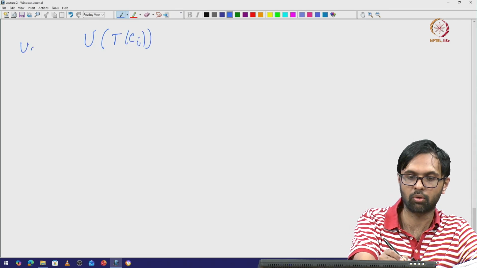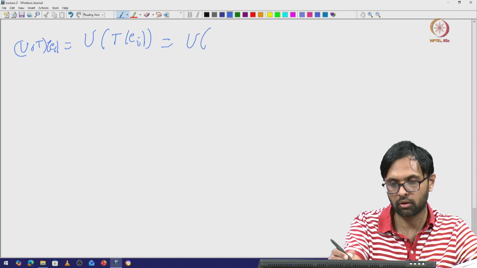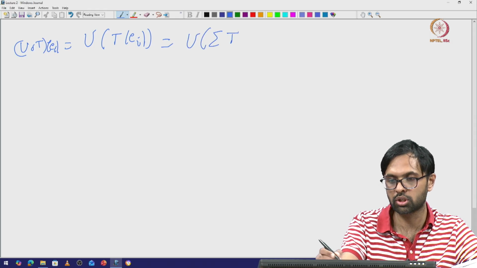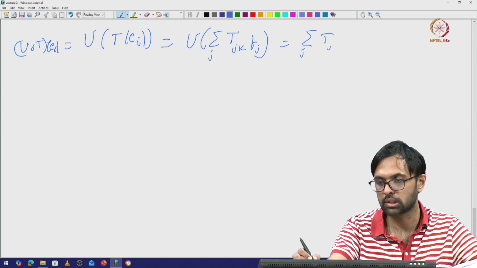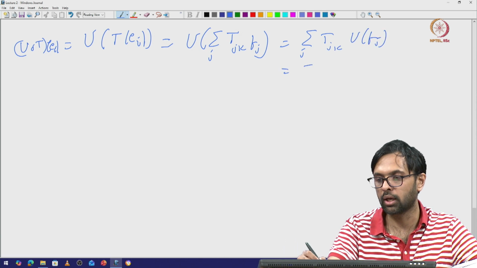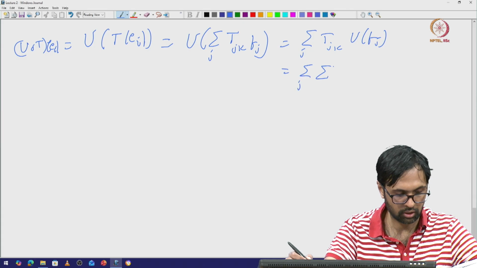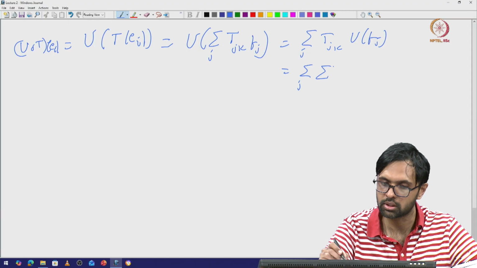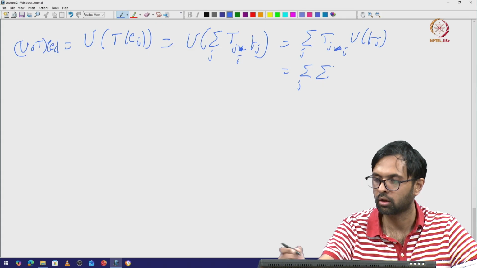This is U composed with T of Ei. U of T of Ei is what? It is U of, what is T of Ei? It's a linear combination of the Fj's given by this. So you can pull this out. And what is U of Fj? It's again a linear combination of, let's call this, sorry, Fji. It's not K.